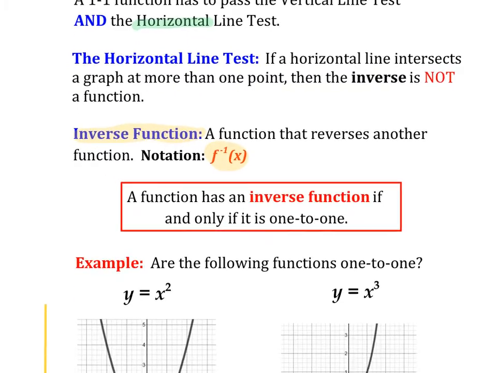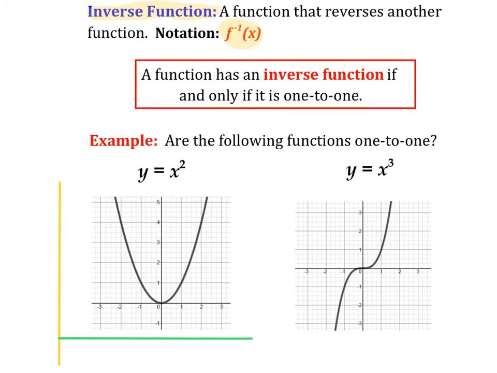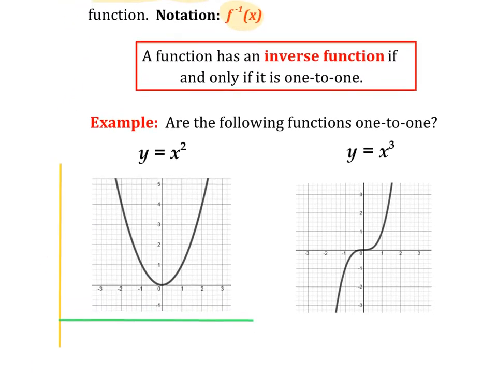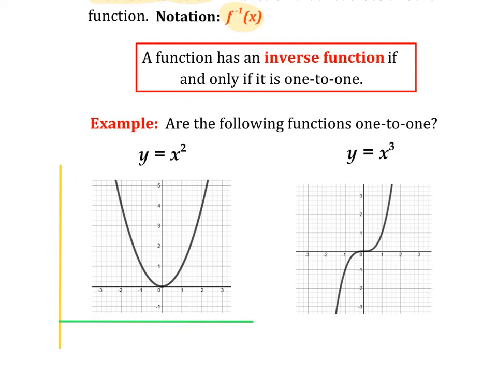All right, so first let's figure out if graphs are one-to-one functions or not. If they are one-to-one functions, then they will have an inverse function. If it's not one-to-one, they'll still have an inverse. However, that inverse will not be a function. So first one, is it a function?